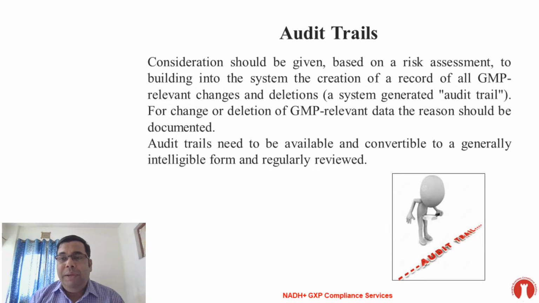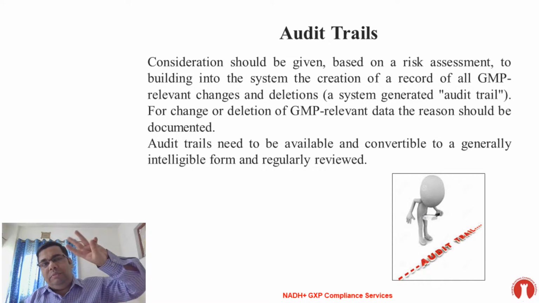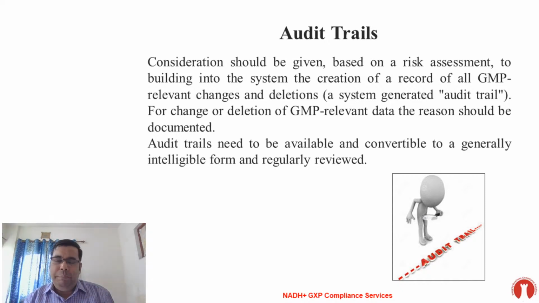One company referred only to that 21 CFR, they didn't refer to the ECFR, and what they did, they removed the data before the inspection and kept only the last 3 months of data. They prepared the SOP, of course, and followed the complete SOP. As per the SOP they removed the data, the backup was taken on tape, they studied how much time is required to retrieve the backup, everything they studied.